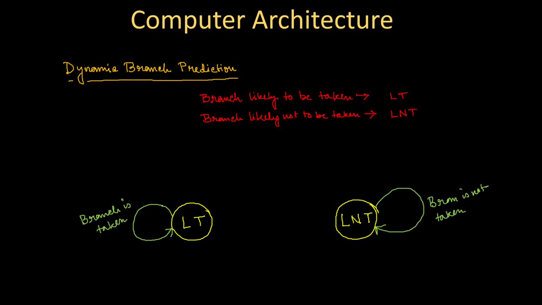Now for the last time, what will happen? I'll get an opposite one. If we consider a while loop, for the last case I will see that I have a branching, right? So from likely not taken, you can change your state of mind to likely to be taken for the future cases if the branch is taken.